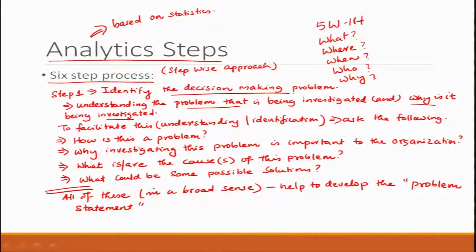And then the next one is how. The Japanese philosophy says that if you follow this 5W 1H approach, you would be able to reasonably define the problem statement. What we are saying here is similar, but somewhat broader questions, not particularly pinpointed, but to a large extent these questions help us to broadly develop the problem statement.